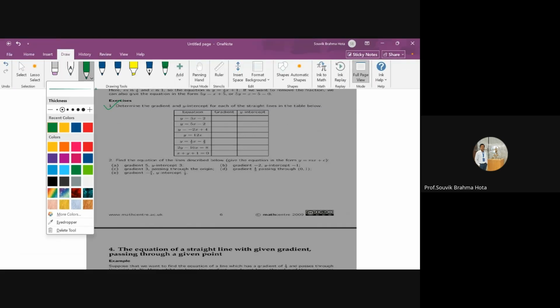Now you can see. Determine the gradient and intercept of each of the straight lines. So I am giving you this one, this one and this one. These three questions you do, and then 2E and 2D, these two questions.